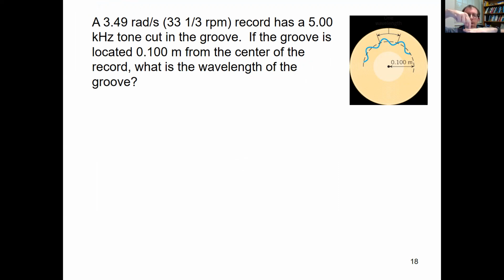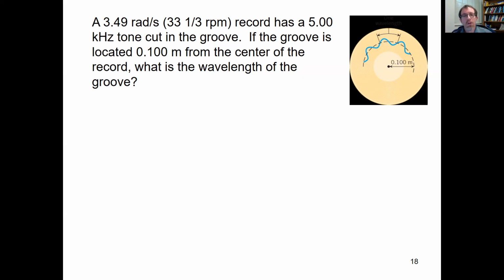We can picture it as the record moving underneath the needle, or from the perspective of the record, the needle moving across the top of the record. At any rate, the thing that actually causes the sound that a record generates is little individual wiggles in the grooves in the record.